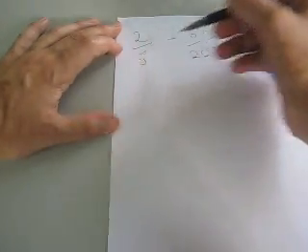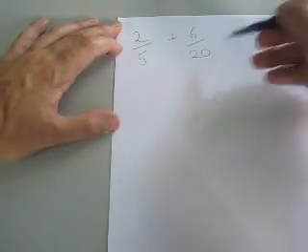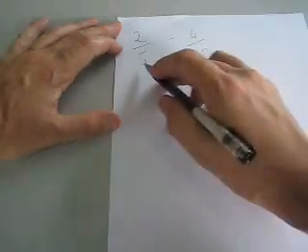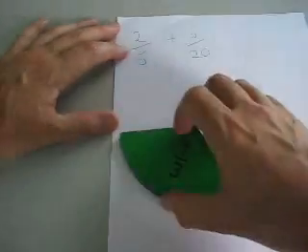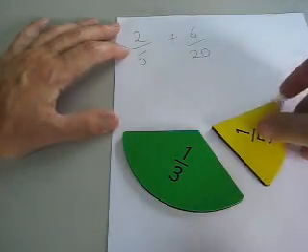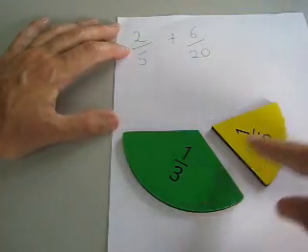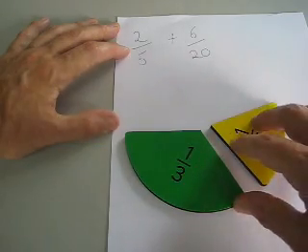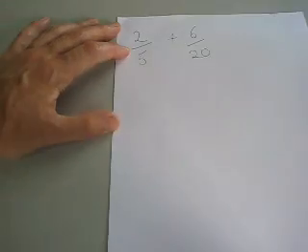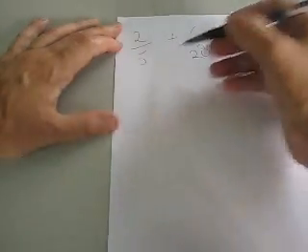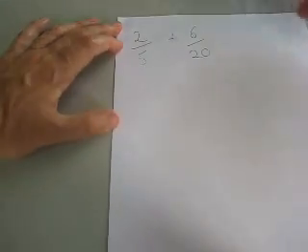Let's look at another example of adding fractions. Here I have 2/5 plus 6/20. My denominators are different. I can't add. Remember, that means my pieces are different. Different denominator, different size pieces. I can't just put them together. I need the same denominator, a common denominator.